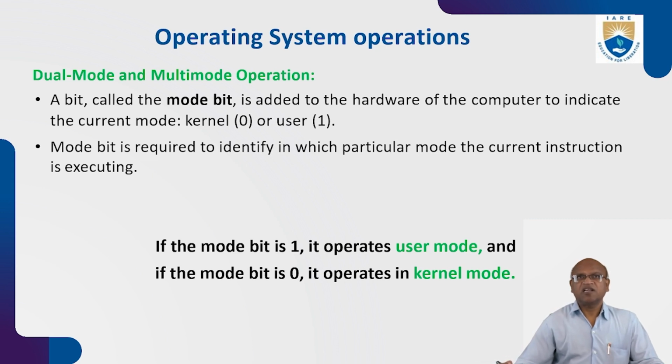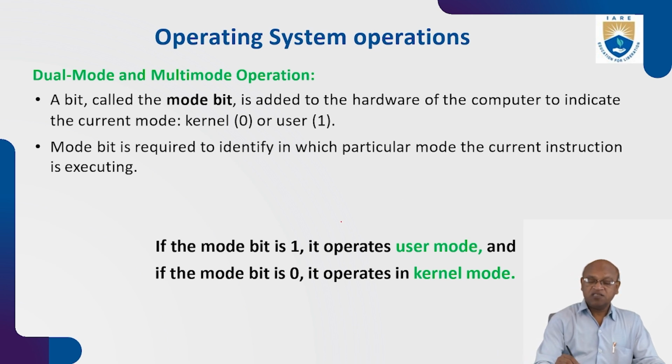If the bit is set to 0, that is kernel mode. If the bit is set to 1, that is user mode. So the mode bit is required to identify in which particular mode the current instruction is executing. If the mode bit is 1, it operates in user mode, and if the mode bit is 0, it operates in kernel mode.